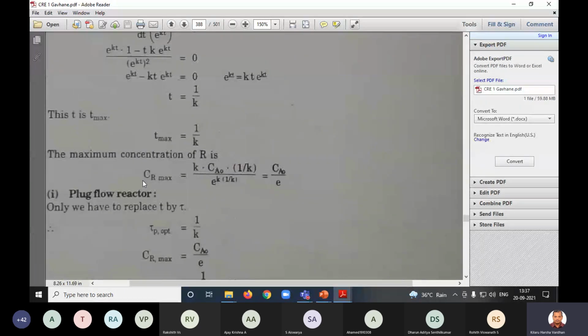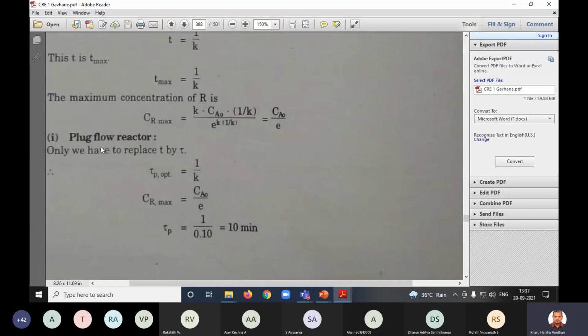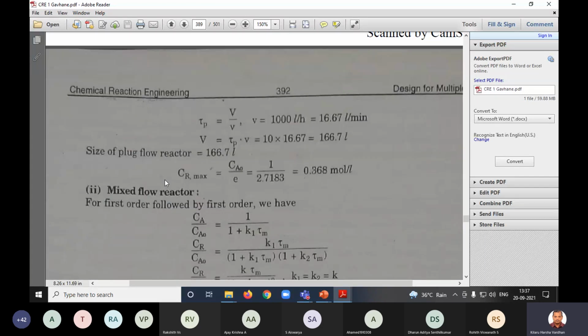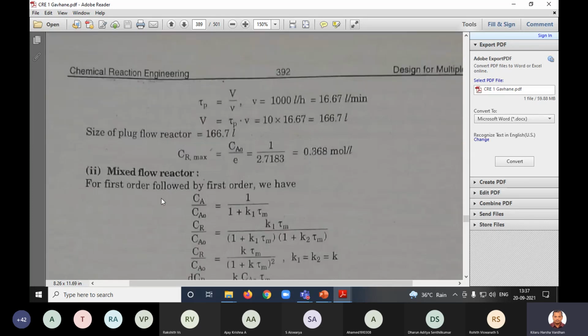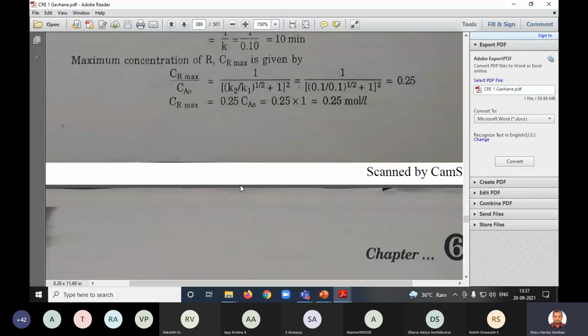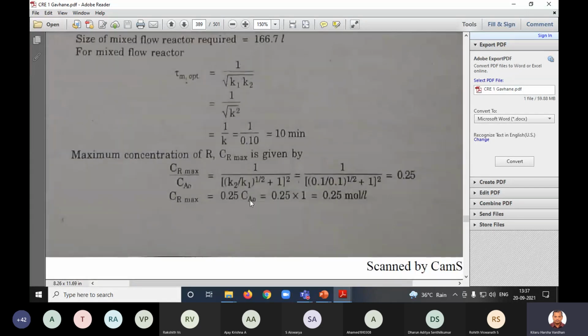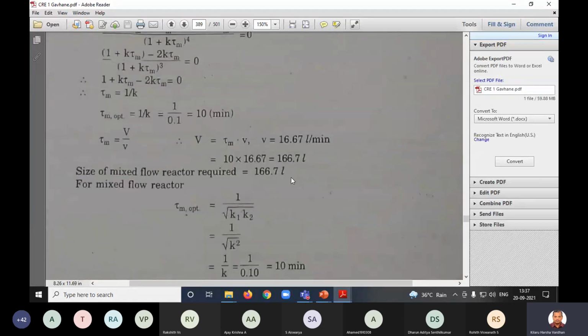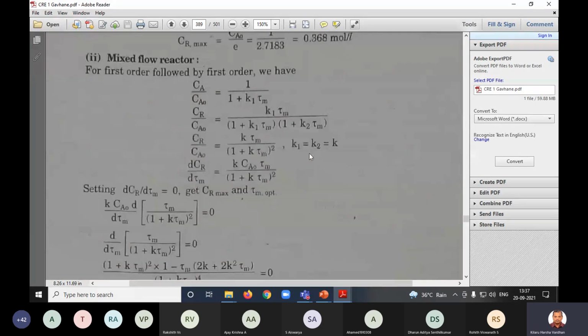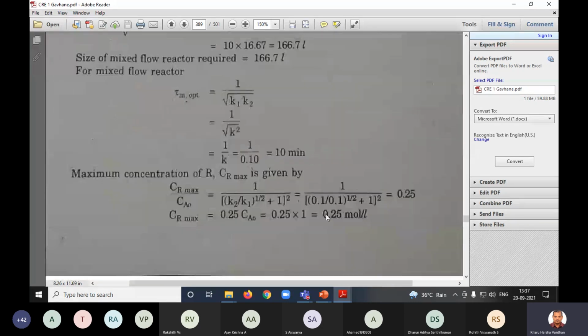Calculating tau p, you get CR max as 0.368 moles per liter. And if you use a mixed flow reactor, you get CR max as 0.25 mole per liter.